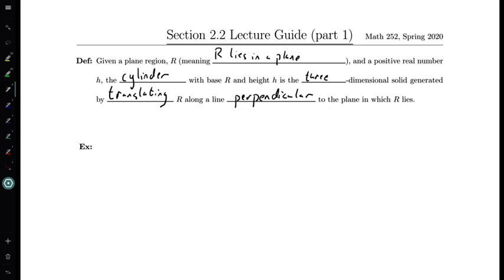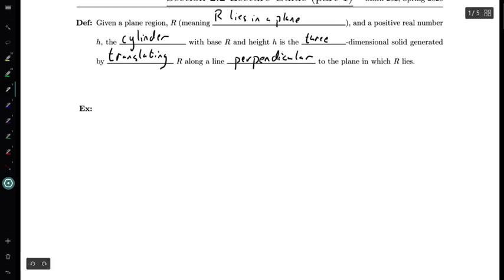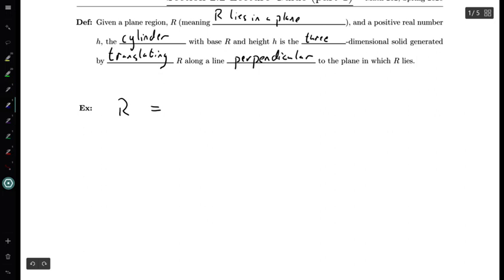So what exactly does this mean? It's maybe most helpful to illustrate this with an example. If I let R, for instance, be some pentagon, then R here is certainly a plane region, because the pentagon lies in a plane, namely the plane formed by the computer screen that I'm writing on.